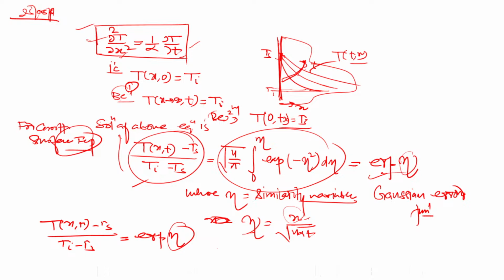X is the location. Suppose you want to find out what is the temperature at this x and this time, because temperature is a function of x and time. If you want to find out the temperature at that particular x and that particular time, put x, put time, you will find the value of eta. And if you find eta, then from the tabulation available in the data handbook, you can find the error function of eta, and then you can find this value. Ts is already known to you, Ti is already known to you. You can find the temperature at that x and that time.